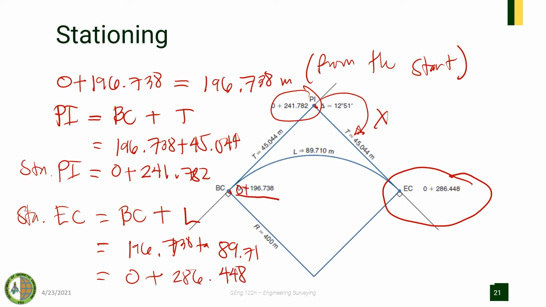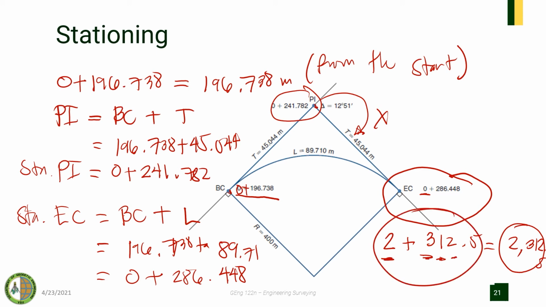It is just simply, let's say, station EC equals station BC plus L, meaning the length of the curve. So that is 196.738 plus 89.71, so that would be equal to 0 plus 286.448. So how about, what does 0 mean?